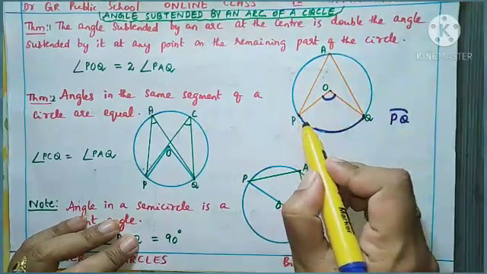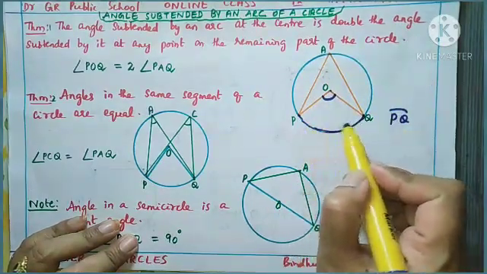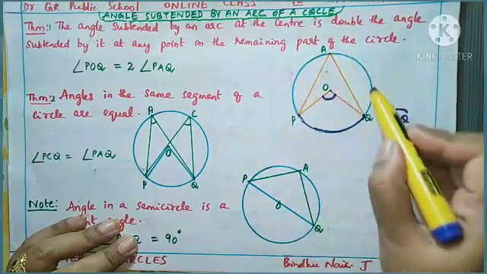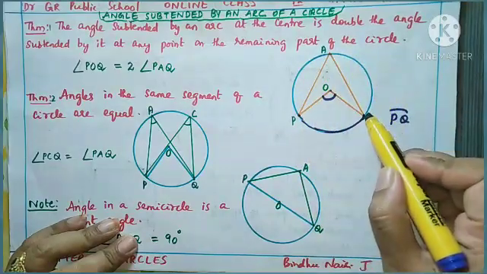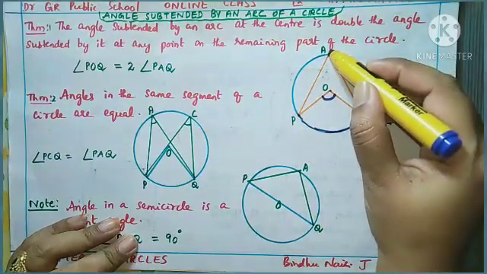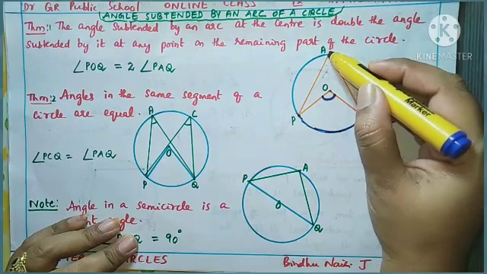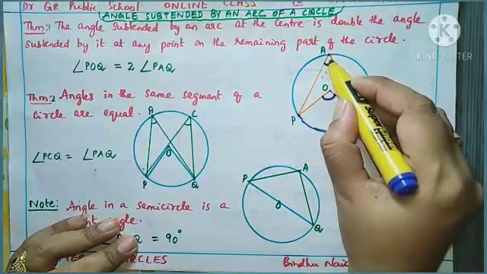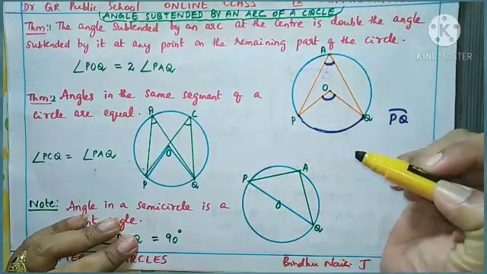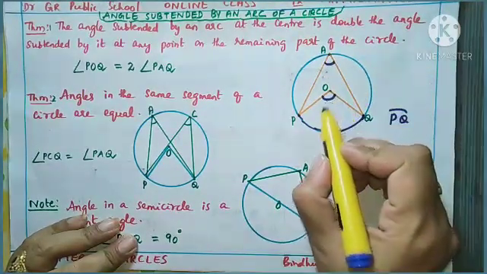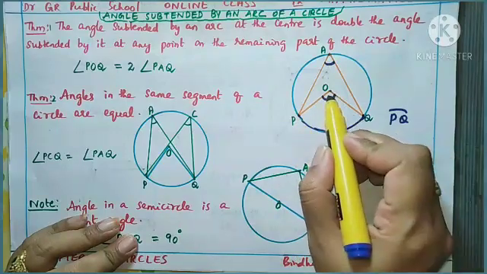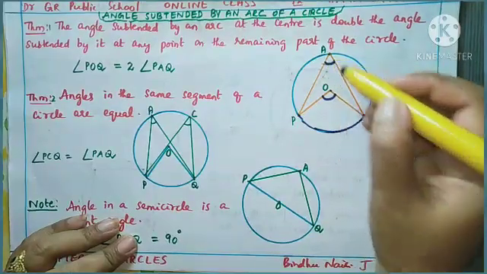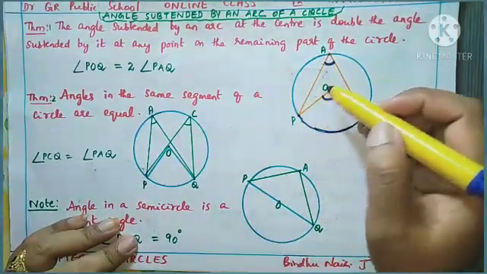When you consider this arc PQ, the remaining arc of the circle is this portion, correct? On this remaining part of the circle, a point is considered, here it is A. So what is told here? This central angle is double the angle on the remaining part of the circle. What is the name of this angle? Angle POQ, that is the center angle. And the point A at which the angle is formed by this arc is angle PAQ.